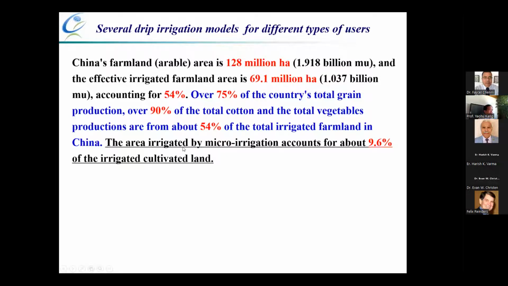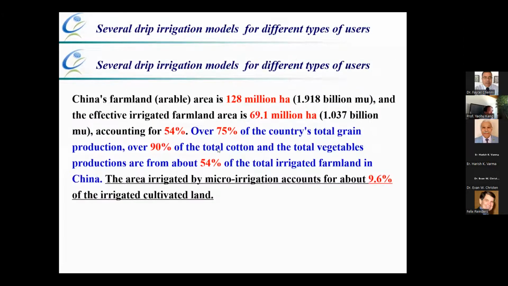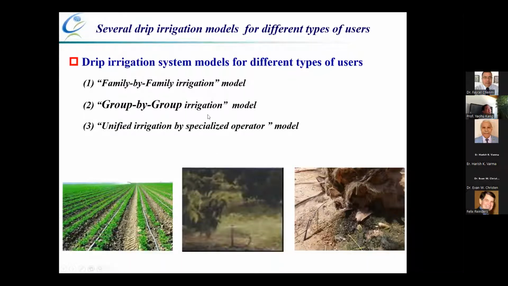The area irrigated by micro-irrigation accounts for about 9.6% of the irrigated cultivated land. We can say the area is the largest in the world now. As we know, in China, the land of each farmer is small.